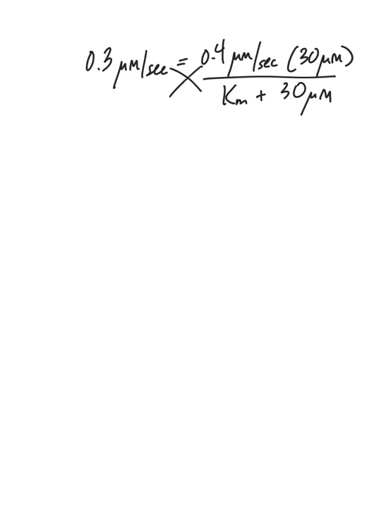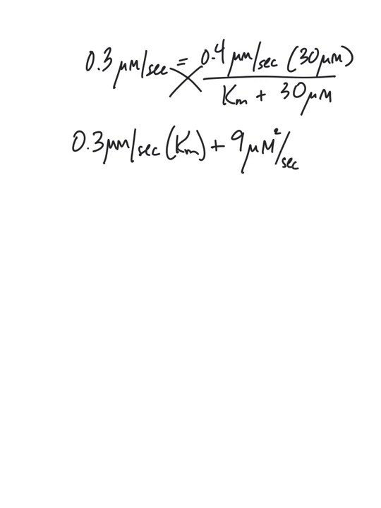I'm going to cross multiply here, and this is 0.3 micromole per second times Km plus 9 micromolar squared per second equals 0.4 times 30, which is 12 micromolar squared per second.